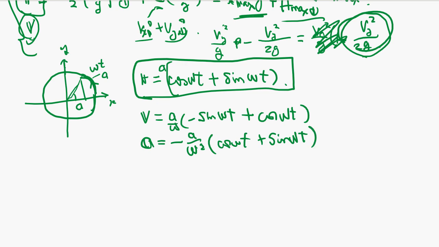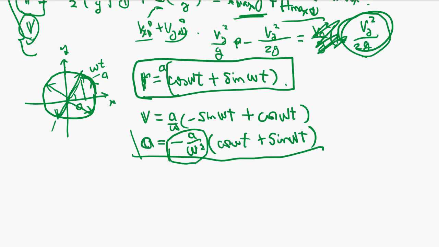So you compare this acceleration and the location vector. The location vector is a vector from the origin to the point on the circle, and the acceleration has a negative. That means wherever the location is, the acceleration is in the opposite direction.